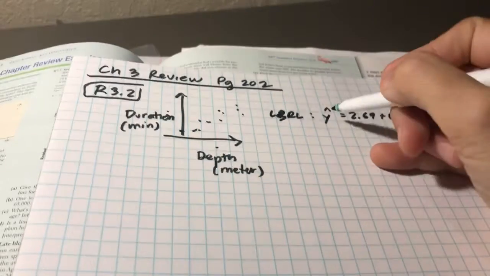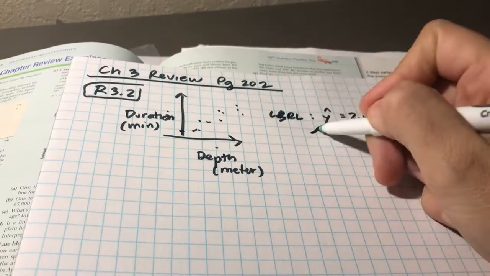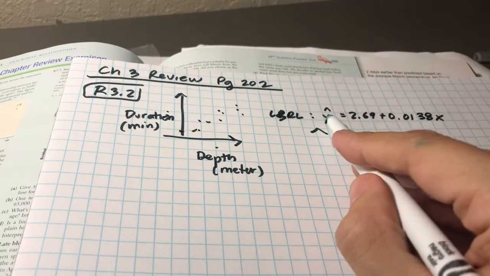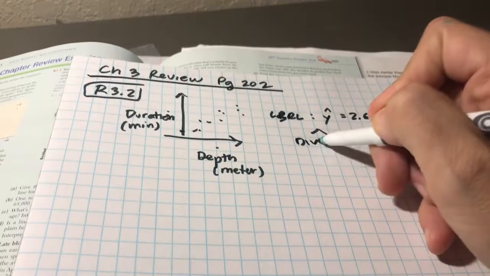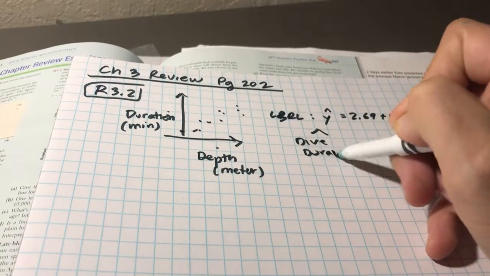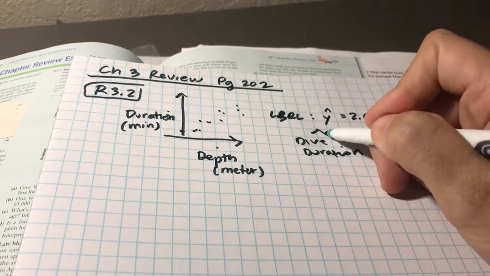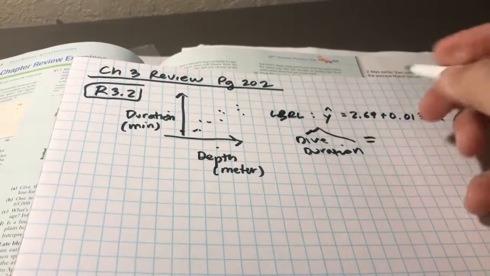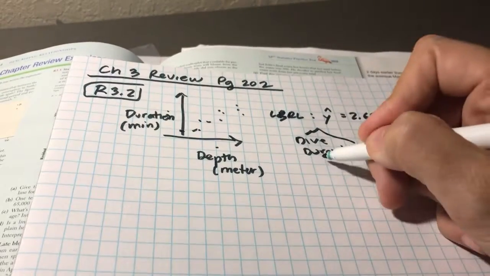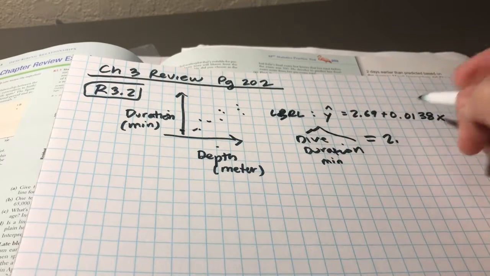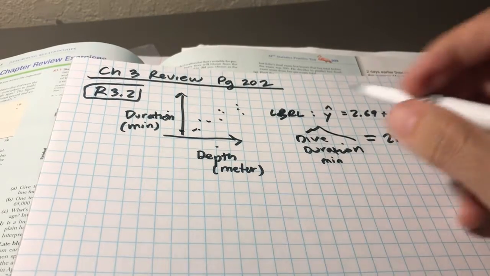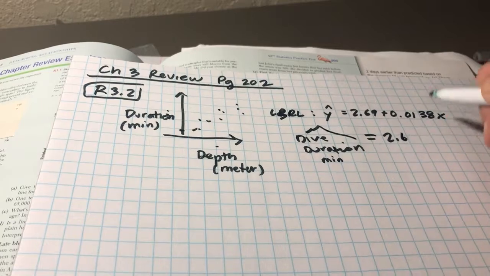If this was a question where we had to give a description, we would have to say what y is in x or rewrite the problem. So y hat is your dive duration, and that is in minutes. This would be minutes if the depth is 0. So that's interesting.